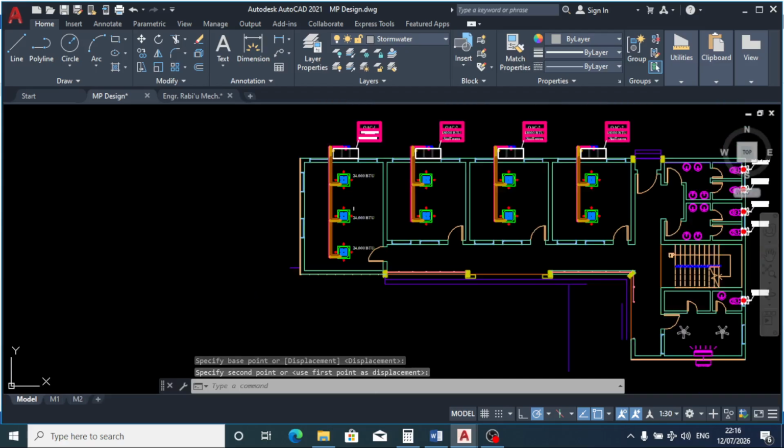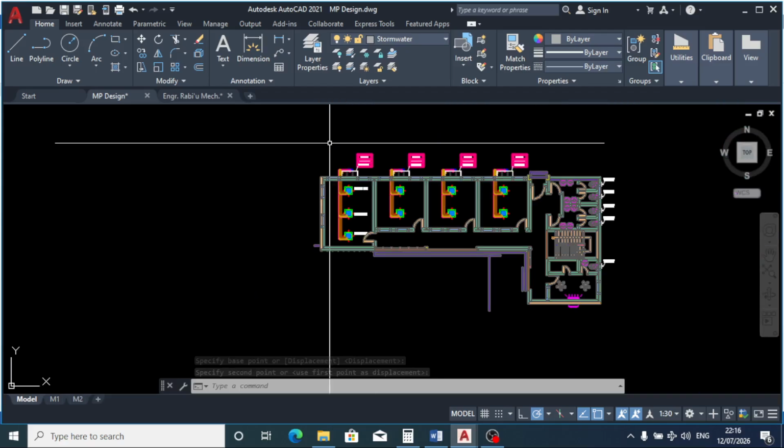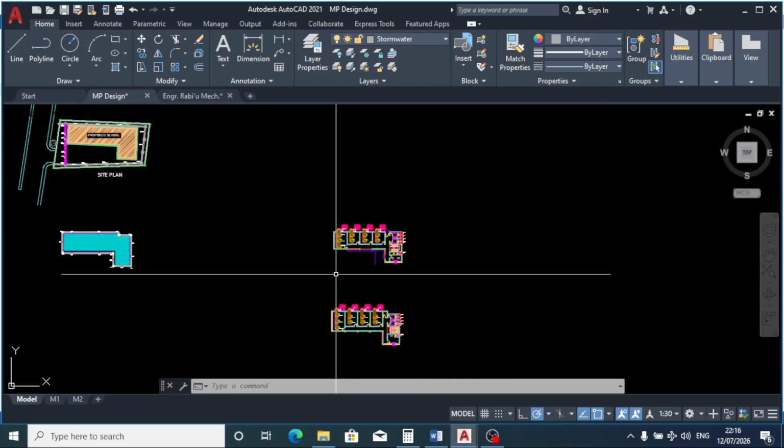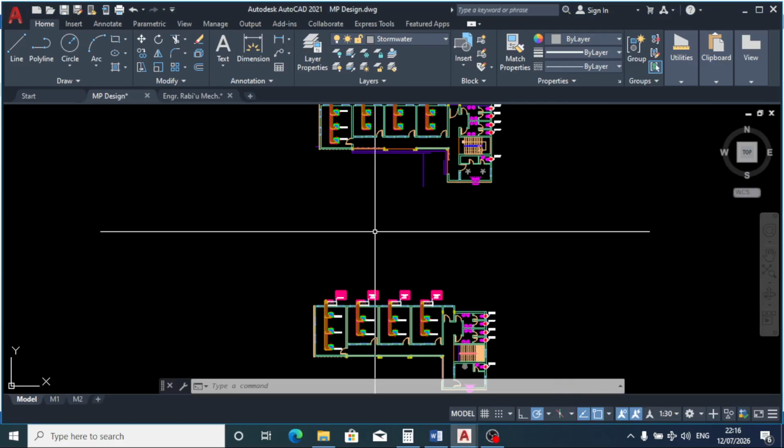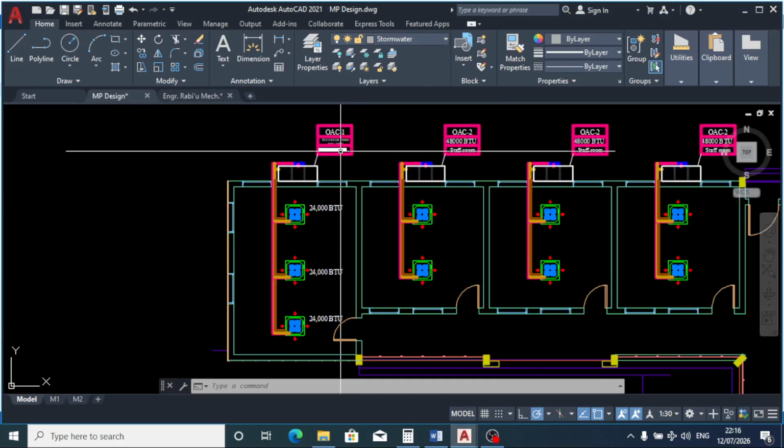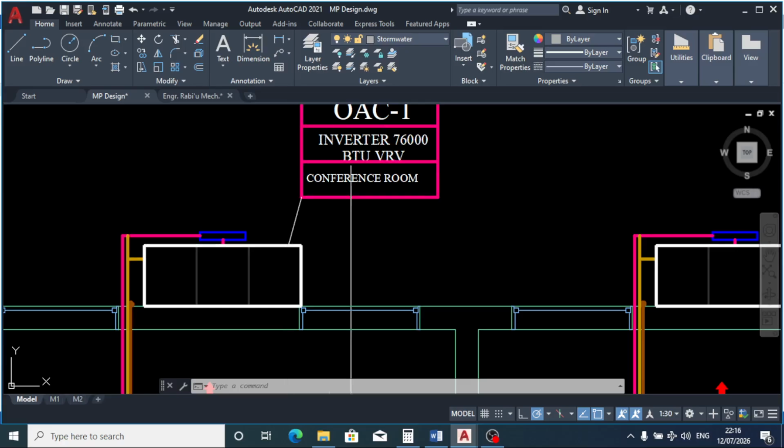All right, so we are using the same capacity as that of our conference room. Why? Because we don't have 57,000 BTU, but the next higher capacity is 76,000. So we have no option other than to use the same capacity as that of our conference room.